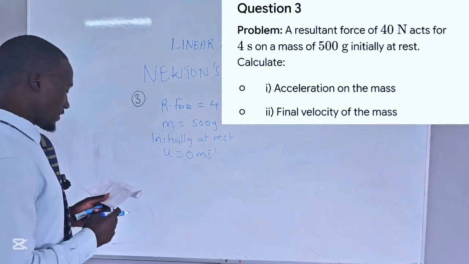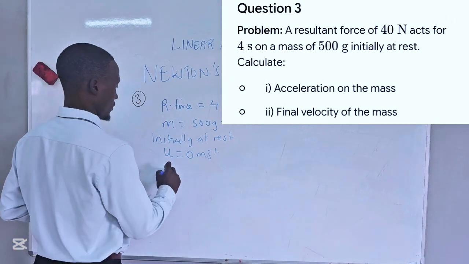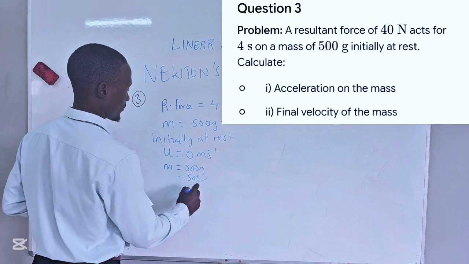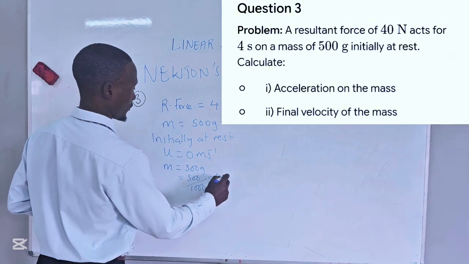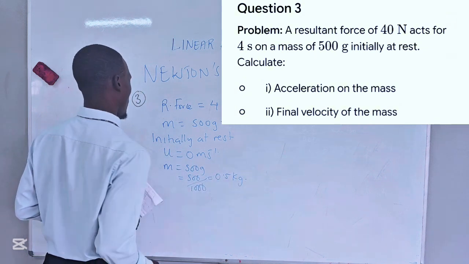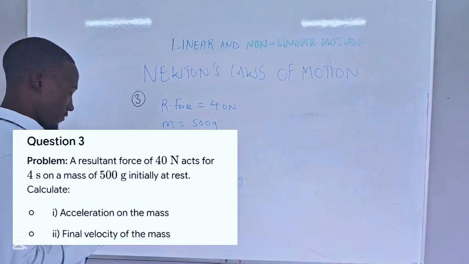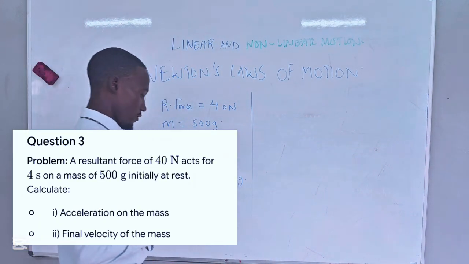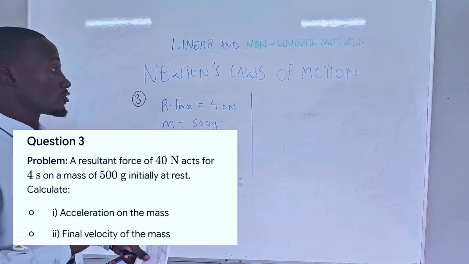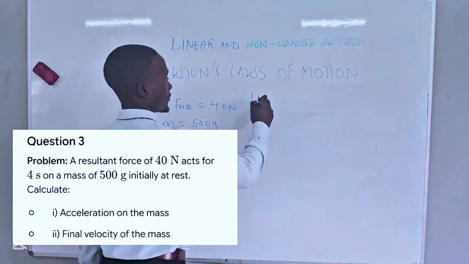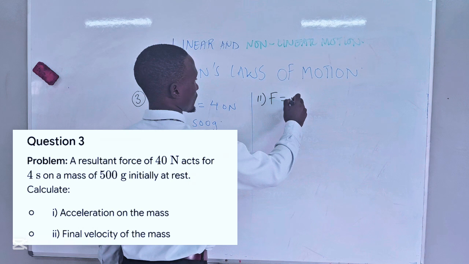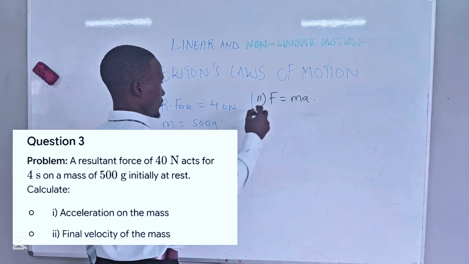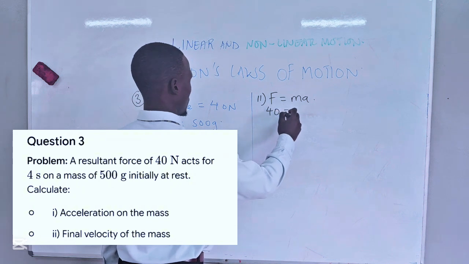So if we can convert that mass into kilograms, it will do us good. 0.5 kilograms. They ask us to find the acceleration. So if we are to find the acceleration, we are going to be using Newton's second law of motion, and they're telling us that the resultant force is 40 newtons.